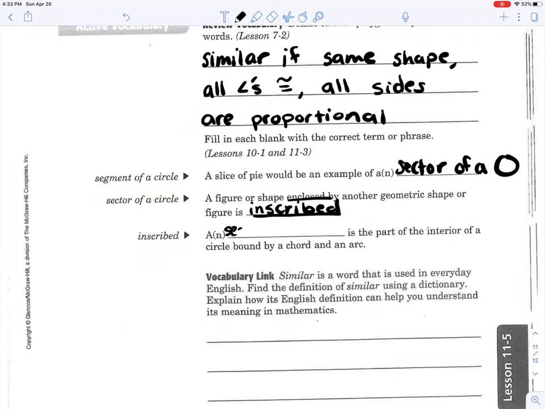And lastly, a segment of a circle is the part of the interior of the circle bound by a chord and an arc. So if this was my circle, this was my chord, and this was my arc, this portion inside would be the segment of the circle.